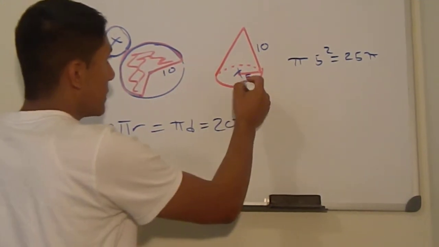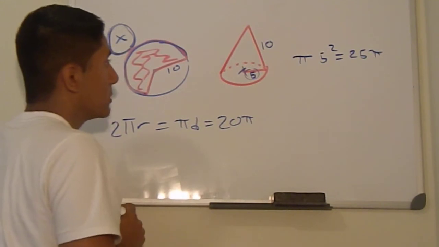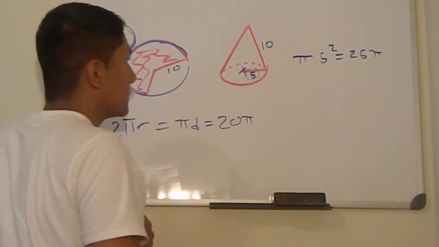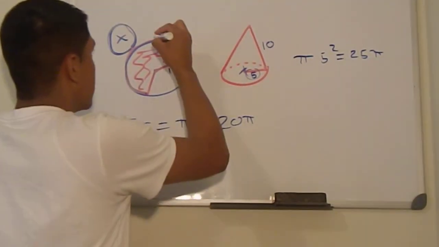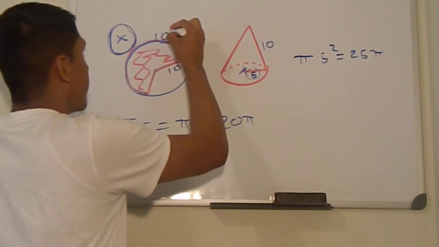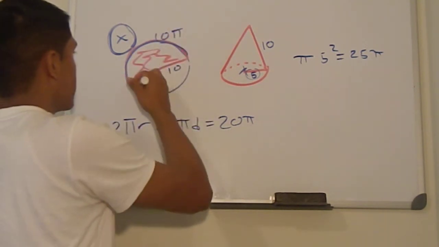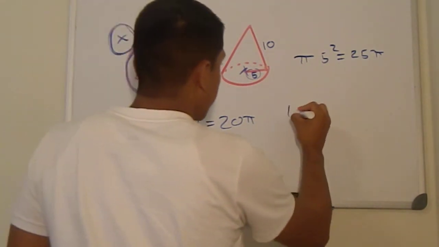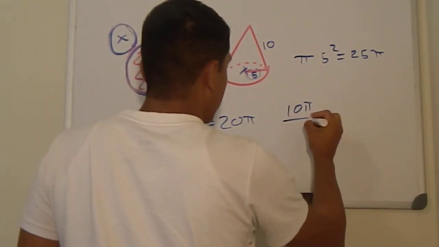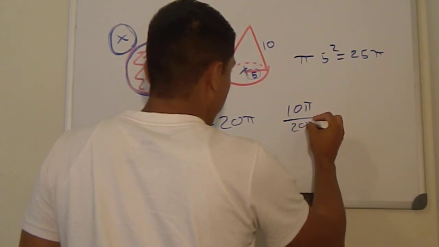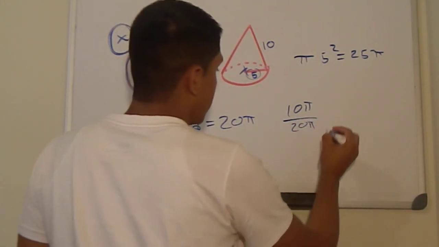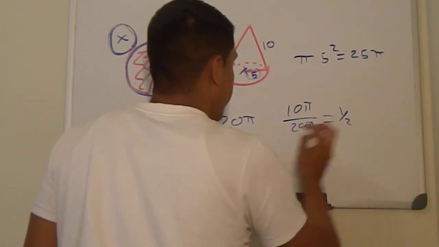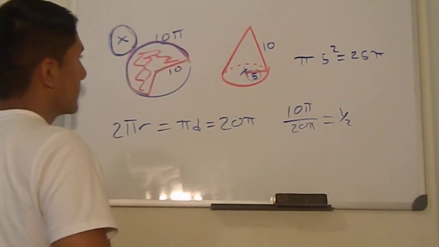So that would be with this radius, 2 pi r, which should be 10 pi for this length. So now we have a ratio, 10 pi over 20 pi, which just would be 1/2.